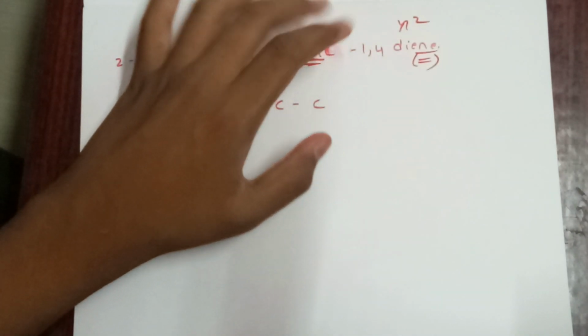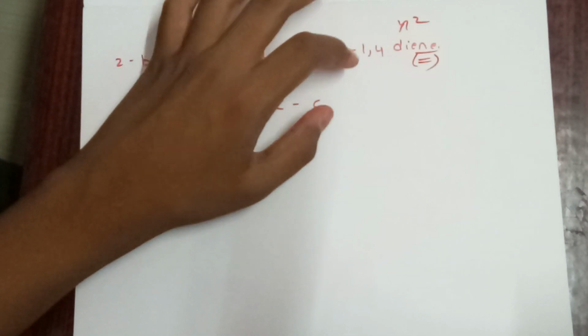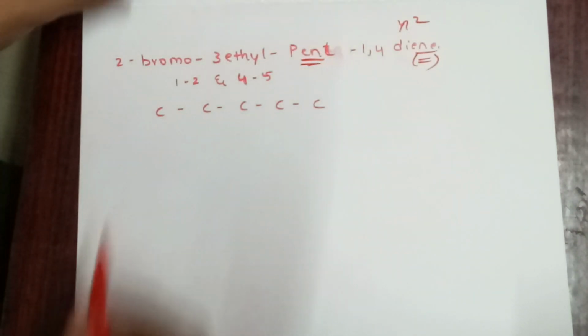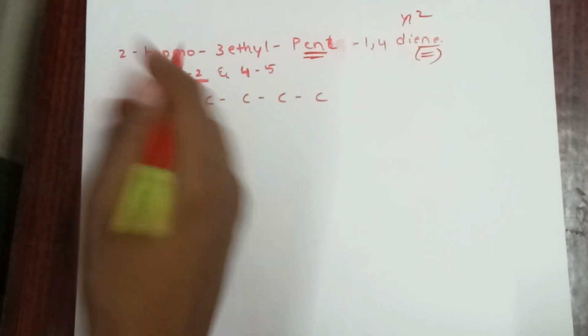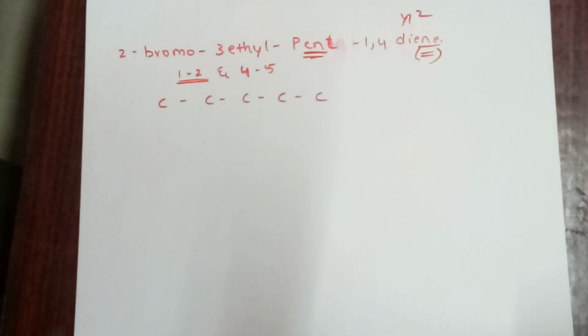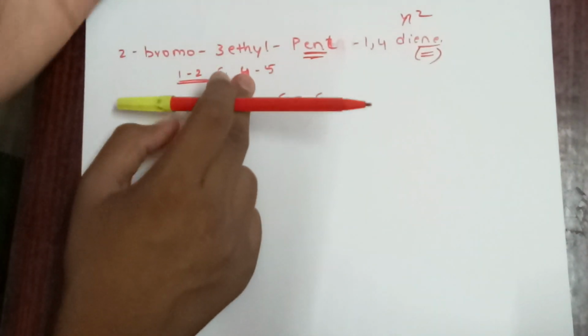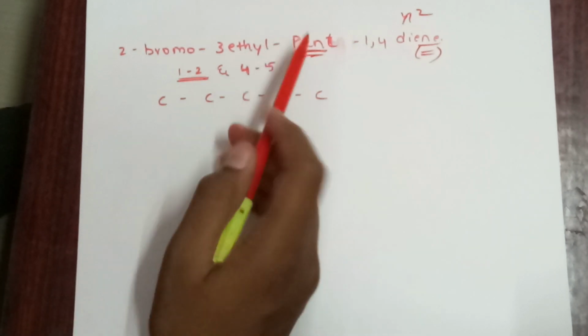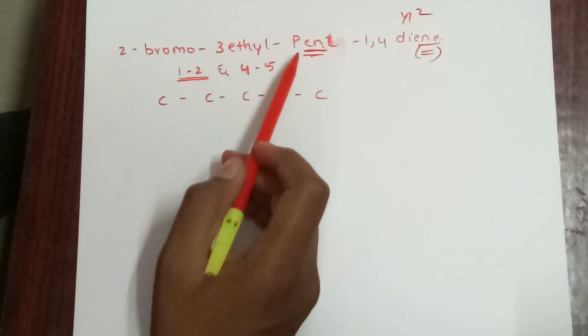That means between 1 and 2 and between 4 and 5 double bonds are present. I have said to you a number greater than 1 and consecutive to 1 is 2, and a number greater than 4 and consecutive to 4 is 5, because here the total is 5 carbon atoms.